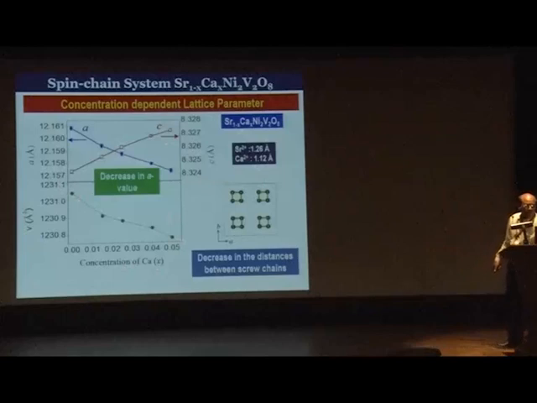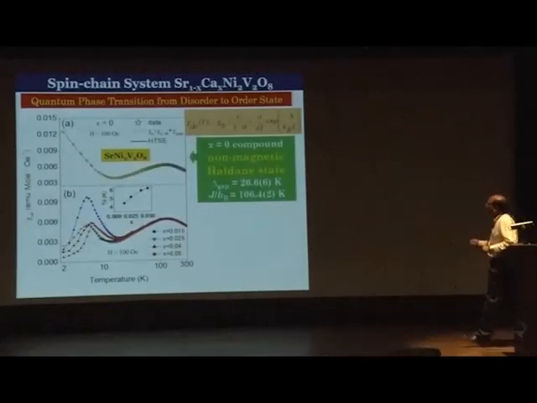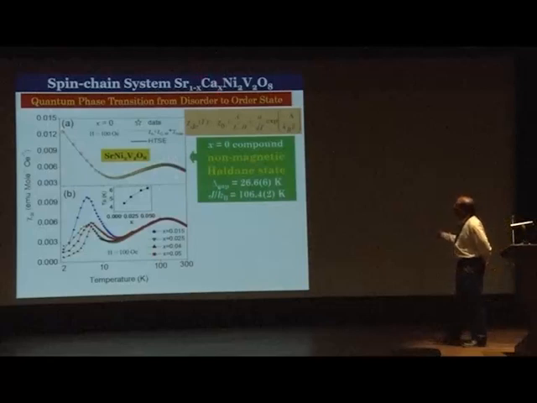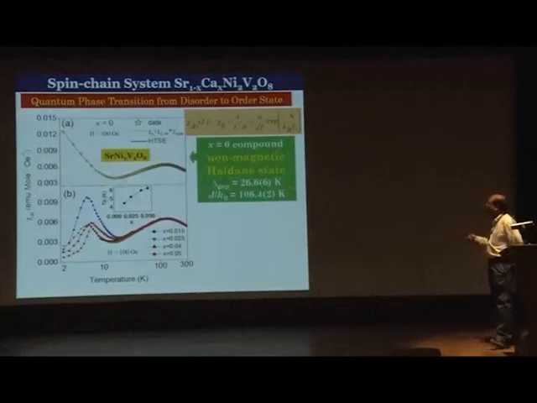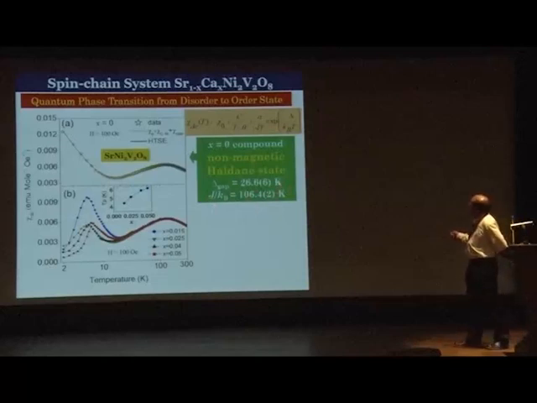And what is the impact of that on the magnetic properties? For the parent one, x equal to 0, meaning without any calcium, you see this is a typical non-magnetic Haldane state behavior with the Haldane gap of 26.6 Kelvin, and J/kB is 106 Kelvin.